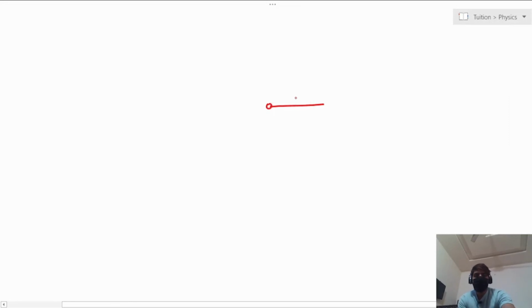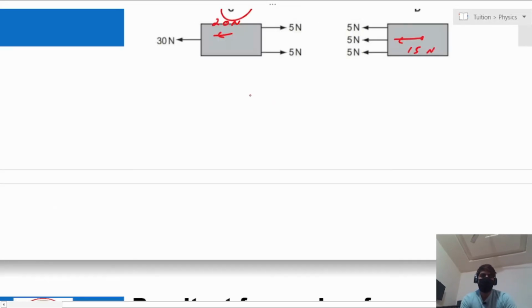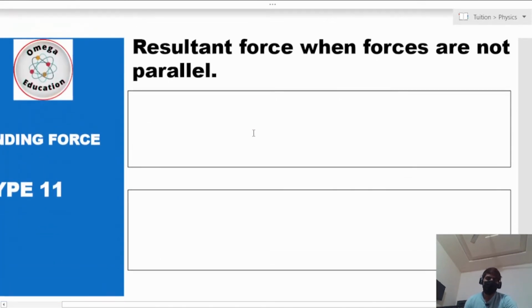So if the forces are perpendicular to each other, here I'm writing, if the two forces for which you need to find the resultant are perpendicular to each other, then you can find the resultant force by using Pythagoras theorem.